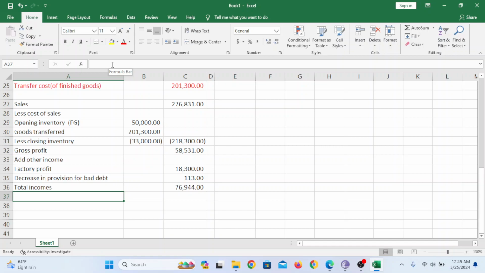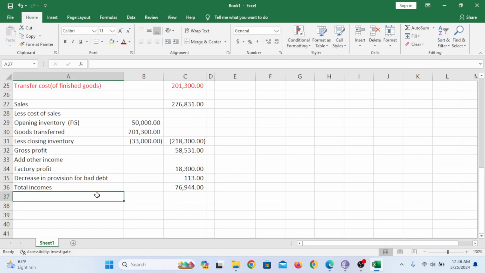So we have to look at now the expenses that we have. We need to list now the expenses here.